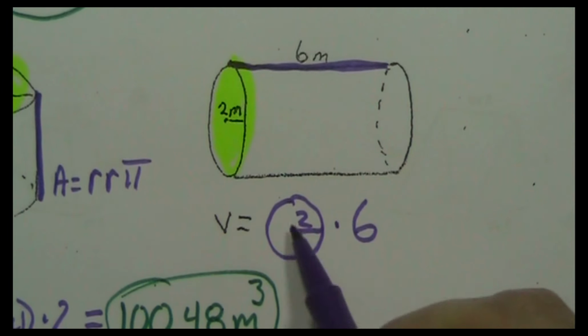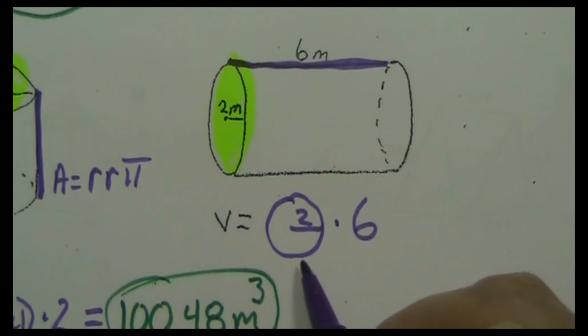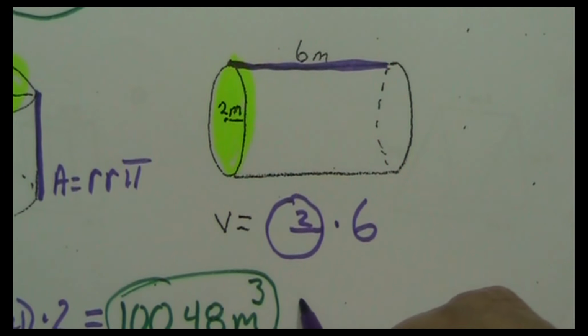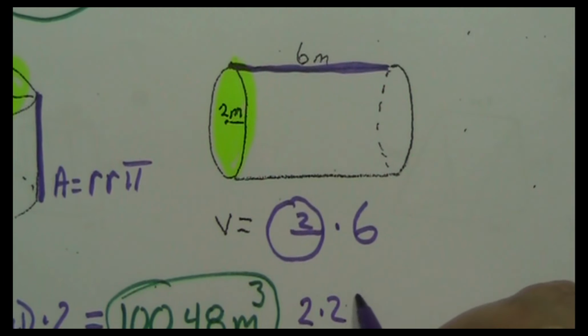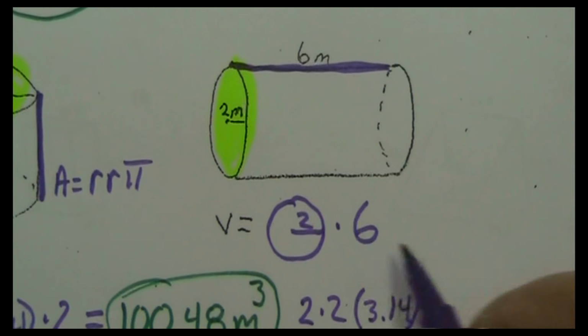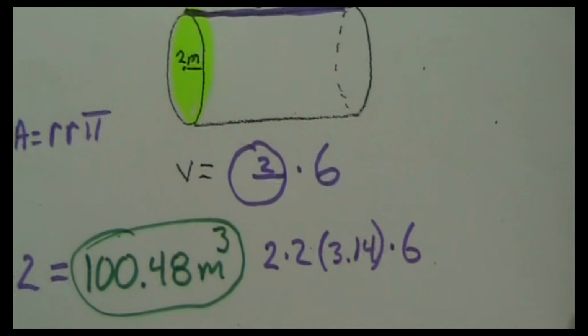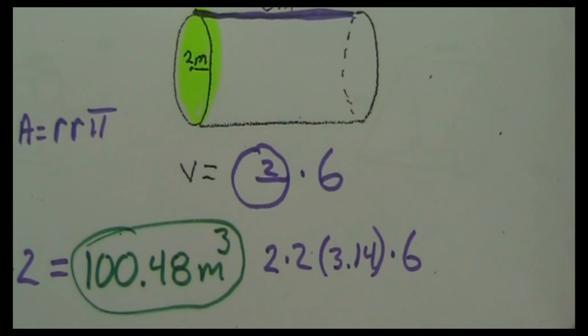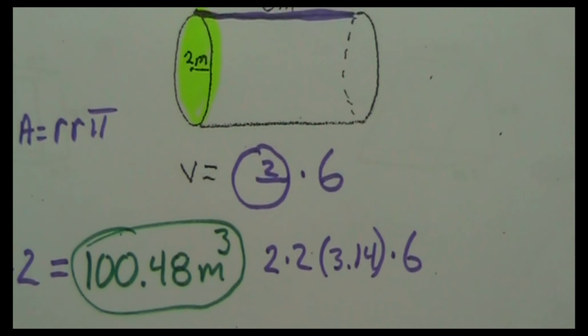Okay, so let's find this area of the circle. Let's write that down. That's going to be r times r, that's going to be 2 times 2 times pi times 6. Excuse me, didn't see that. This area times how long it is.